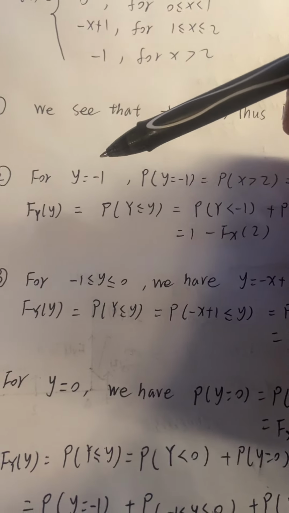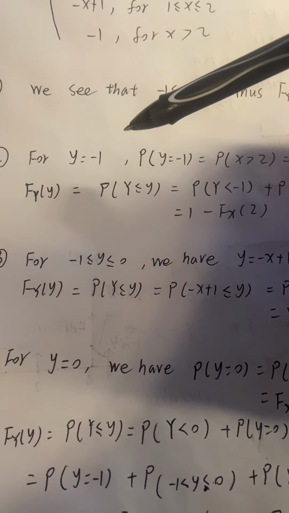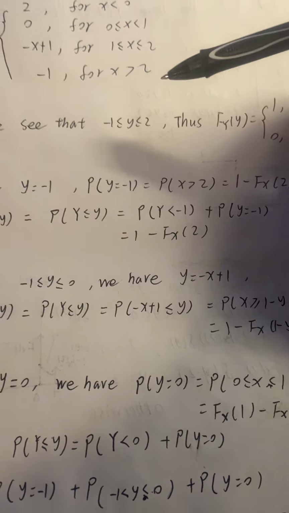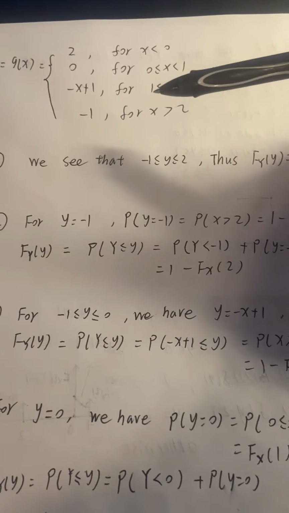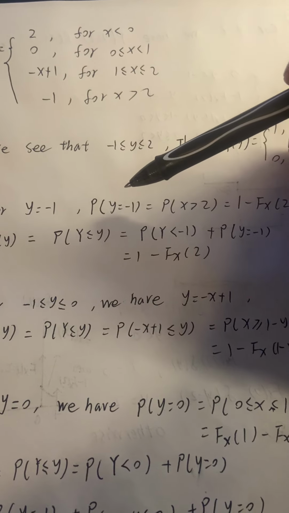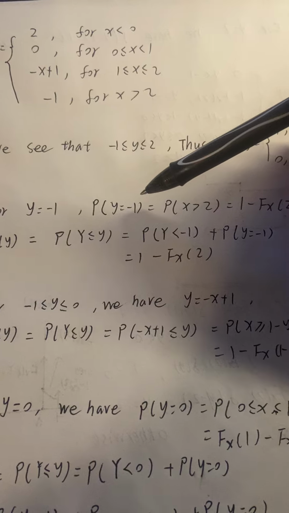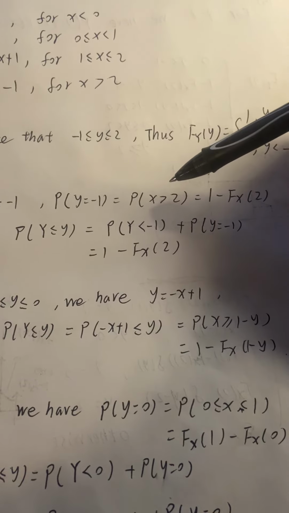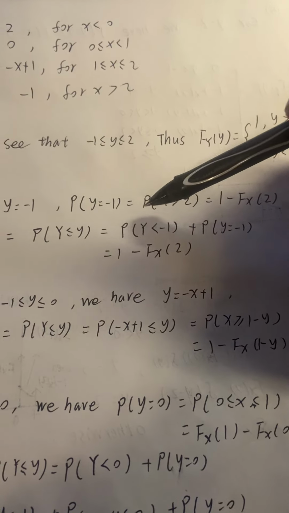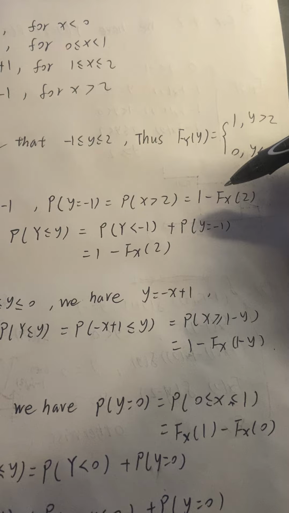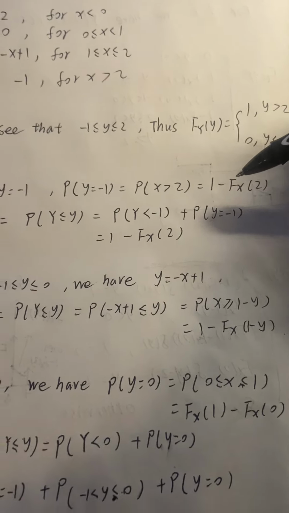And then for y equal to -1, from the g(x) function, we know that the probability of y equal to -1 is the probability of x greater than 2, and this term will be 1 minus F_X of 2.